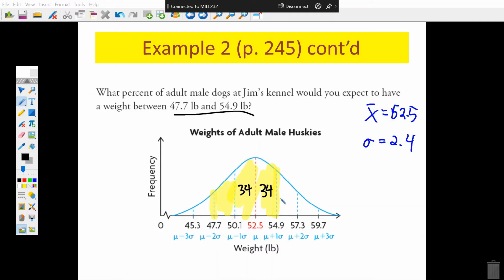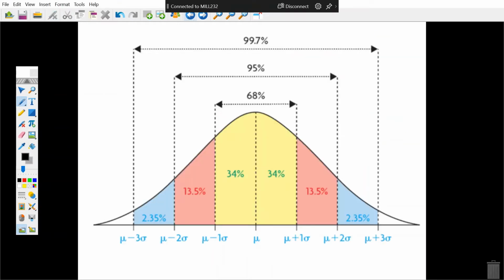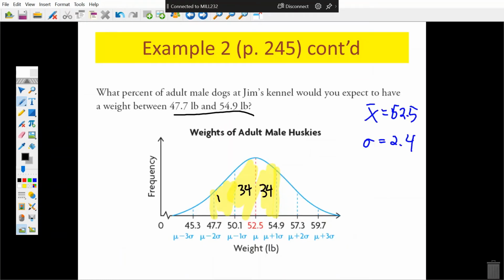Then that's the end on the right side, right? We don't need past that. But we also need to get this guy right here. Well, I go back to my little bell curve. The second column is 13.5%. So this one here is 13.5.